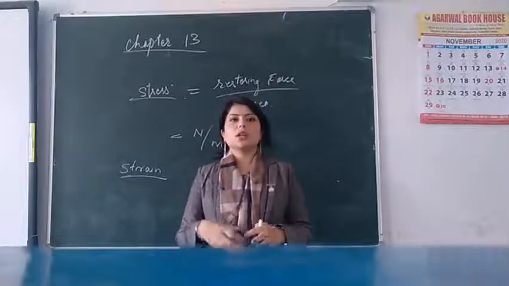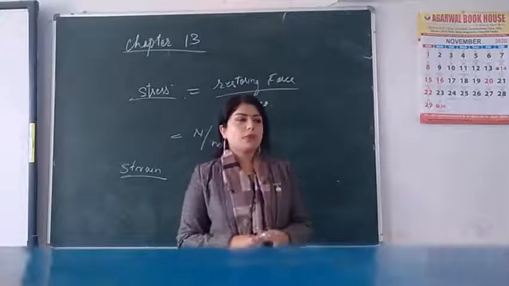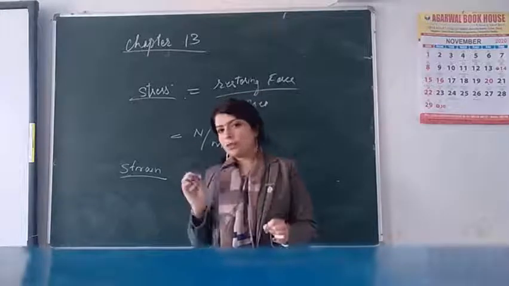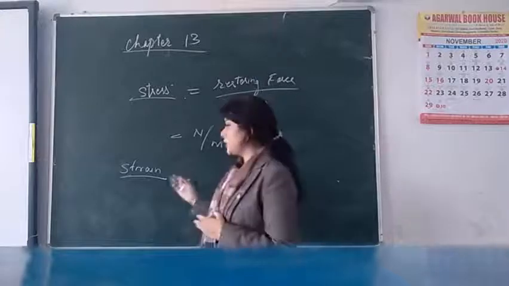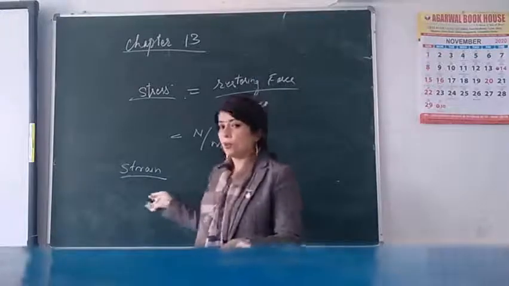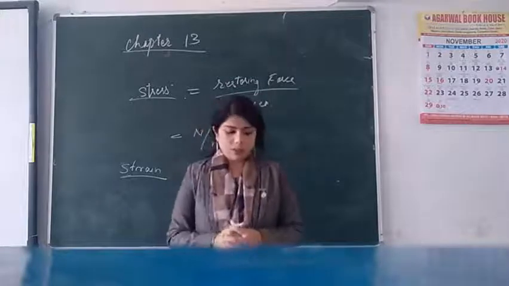That change in an object is known as strain. If there is a balloon and I remove the air from the balloon, then the size will change. The change in size is the strain. So it is different for different objects. It doesn't have one specific formula. It depends on what type of object and what type of force we are applying.